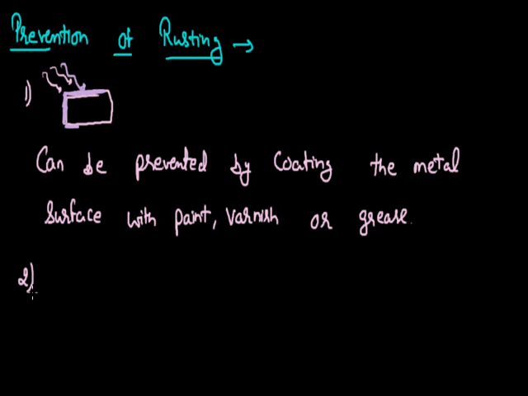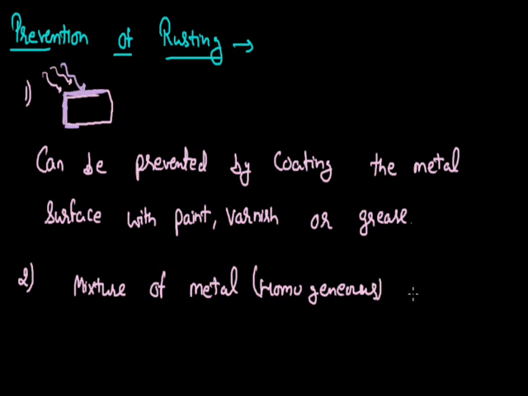The second one is, if we mix this iron with some other metals, then this mixture of metals is termed an alloy, and it should be homogeneous. This homogeneous mixture of metals is termed an alloy, and this alloy has a lesser tendency to get corroded as compared to the iron itself.